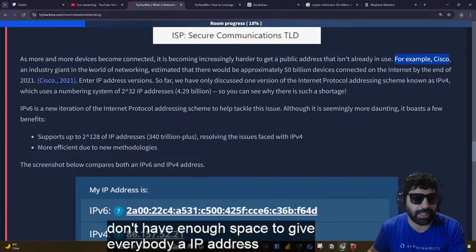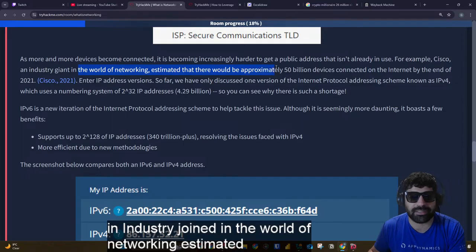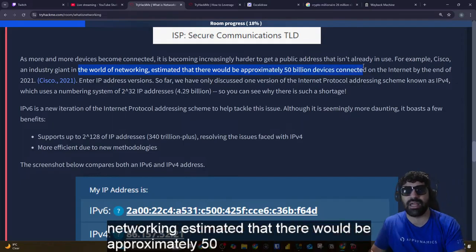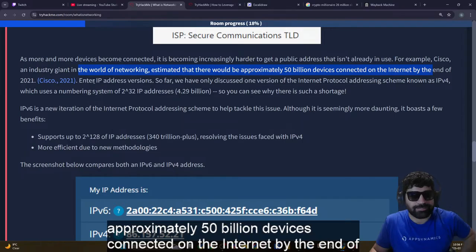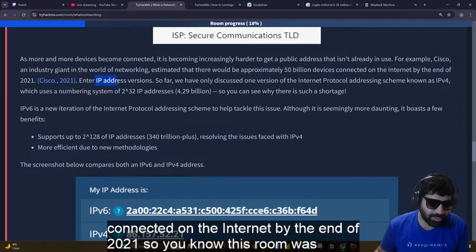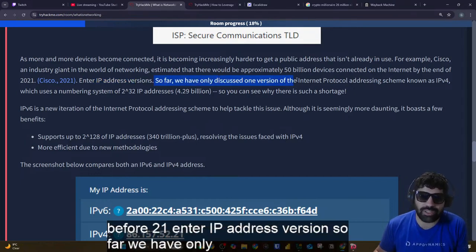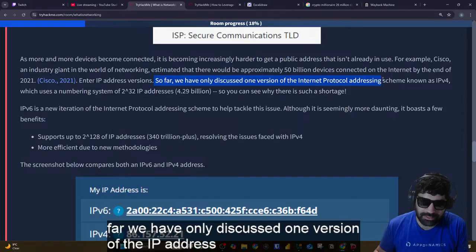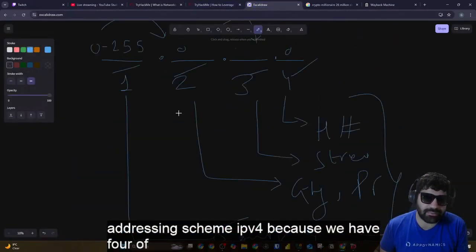For example, Cisco, an industry giant in the world of networking, estimated that there would be approximately 50 billion devices connected to the internet by the end of 2021. So this was written way before 2021. Enter IP address versions. So far, we have only discussed one version of the IP addressing scheme, IPv4, because we have 4 of these.